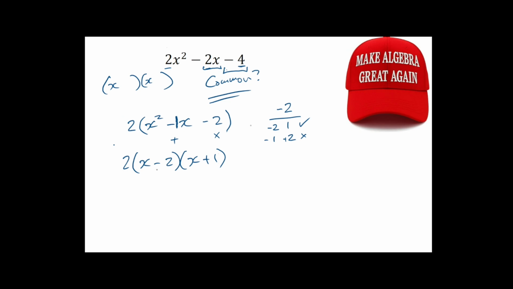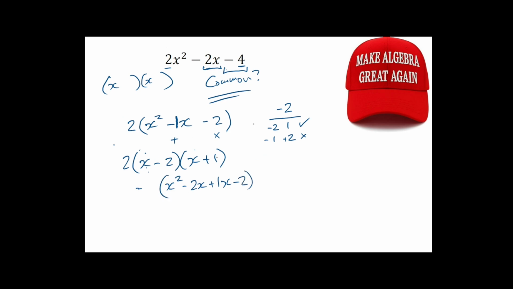So x times x there is x squared. Minus 2 times x is minus 2x. x times positive 1 is plus 1x. And minus 2 times plus 1 is minus 2.